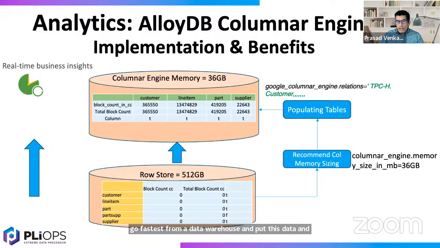But with the AlloyDB built-in columnar engine, you don't need to carry that out. Because of the built-in columnar engine with real-time analytics capability, AlloyDB recommends what tables to populate and what memory you need to accommodate, and then you populate the data, moving it from a row store into a column store, allocating columnar engine memory.